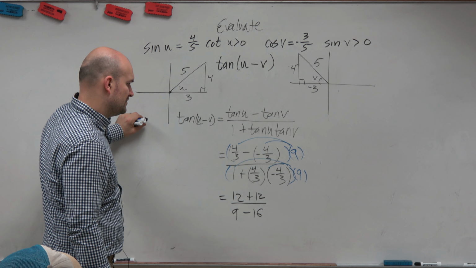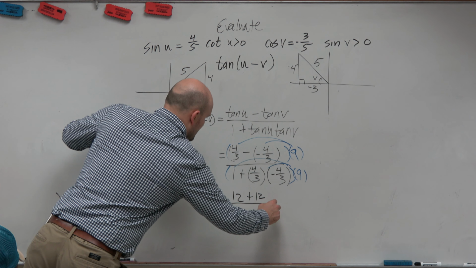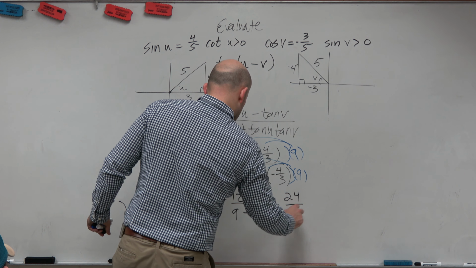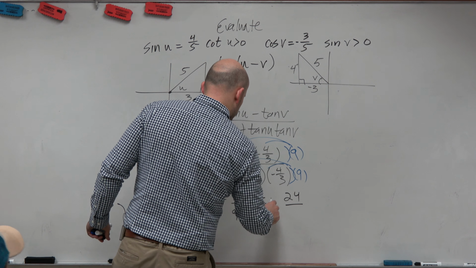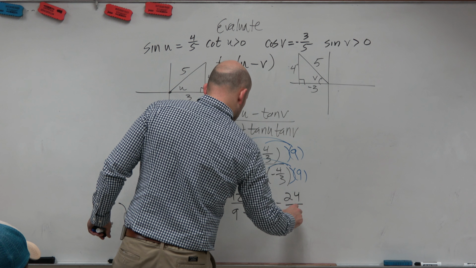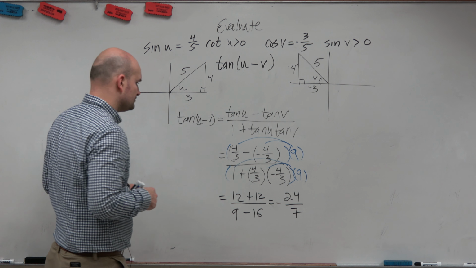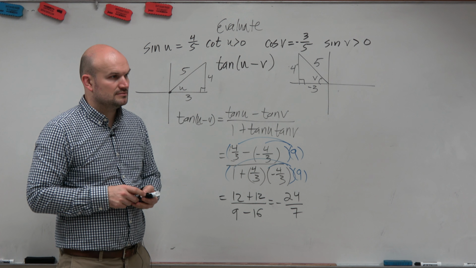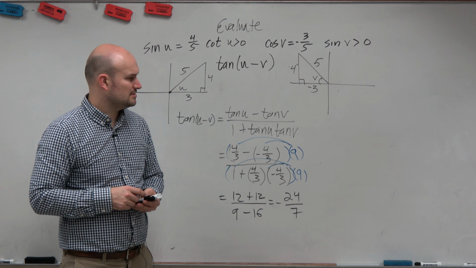Right? Because that's a negative 4/3. So therefore, I'm getting 24 over 7. Yes? No? Anybody saying anything besides that? I think I'm good.